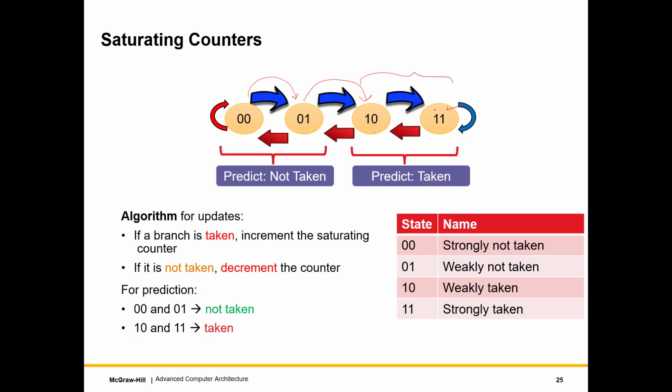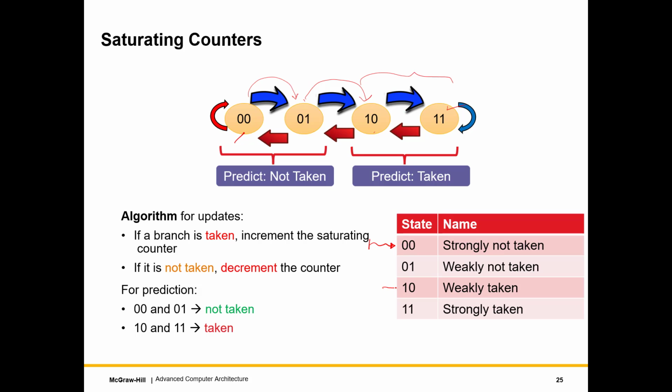So given that we have seen this pattern, let us give names to the states. Let 0, 0 be strongly not taken, which is this state. 0, 1, let it be weakly not taken, which basically means that if the branch is taken once, it will move to state 1, 0, and then we'll start predicting taken from that point onwards.